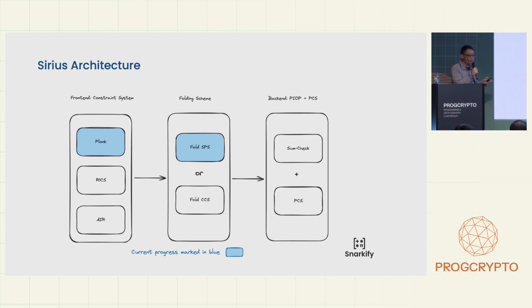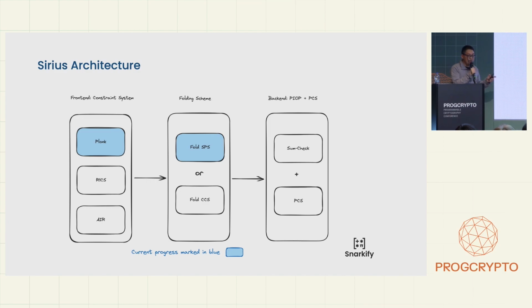The first one is the SPS, the Special Soundness Protocol, defined in the Protostar paper. The second one is the CCS, the customizable constraint system, defined in the CCS paper. Both approaches can capture all of the widely used constraint systems to date, like Plonk, R1CS, and AIR. We are using the SPS approach defined in Protostar in our project. Later, we might add the implementation for the CCS.